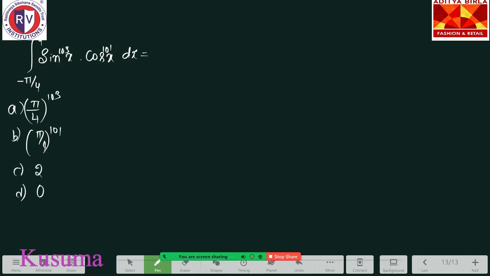Can anybody guess what should be the answer? ಯಾರು ಗೆಸ್ ಮಾಡ್ತೀರಾ ಏನಾಗ್ಬೋದು? So what kind of a function sin x is? Is sin an even function or an odd function? Sin x ಏನು even function or odd function?